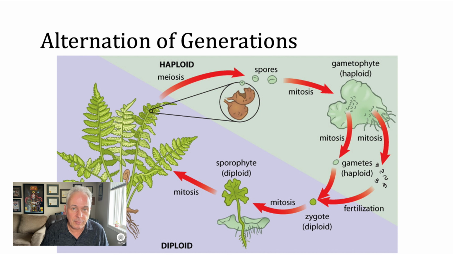All plant life cycles include a sporophyte generation and a gametophyte generation, but one generation is typically dominant over the other. For example, vascular plants like the fern shown here are predominantly diploid sporophytes, while non-vascular plants like mosses are predominantly monoploid gametophytes.